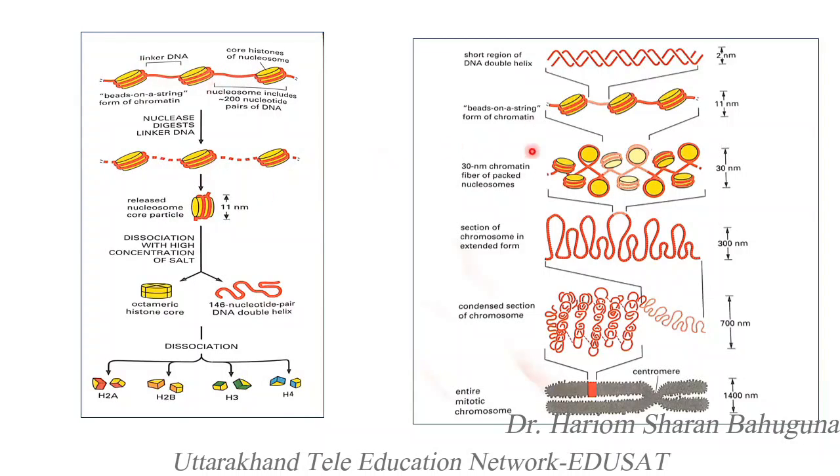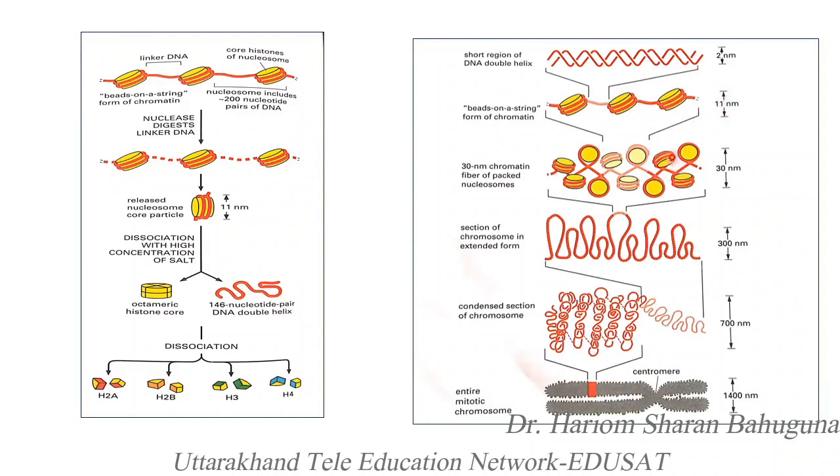And in the next figure, this is the double helical DNA. The total diameter is 2 nanometers, and this double helical DNA is wound around a nucleosome core particle. 146 nucleotide long DNA is wound, and two adjacent nucleosome particles are joined together by this linker DNA, and it forms a chromatin fiber of 11 nanometers.